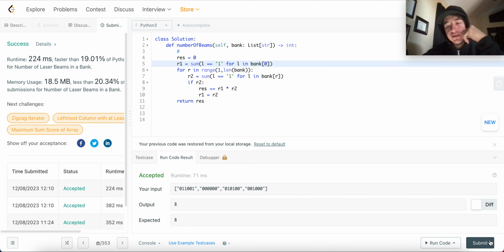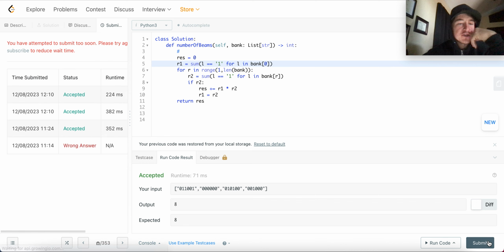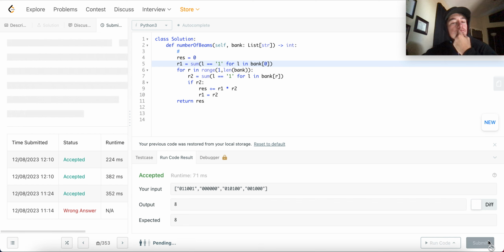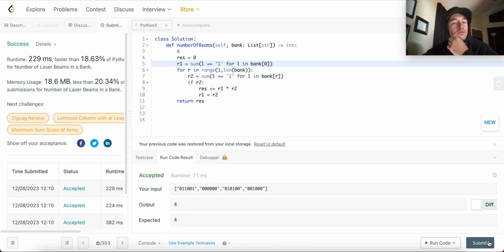It helped, but it didn't really. Why is it so slow, guys? Because the runtime is the same. Huh, I don't know. That's interesting. I wouldn't really worry about this. Something I'm not doing is making it run slower, but it's still the same time complexity.